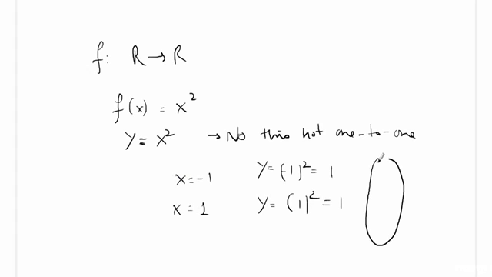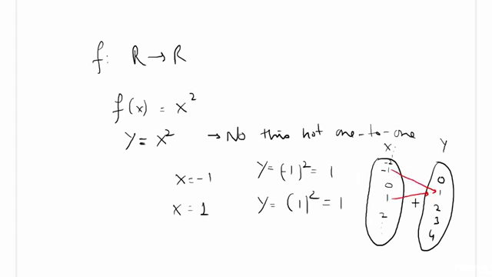Like if we draw it like this, x and y. If I write here -1, 0, 1, 2, or similarly -2 and so on, and here 0, 1, 2, 3, 4, clearly all y elements will only be positive, because the square of any number is always positive. But if I mark it here, I can see that -1 is also giving me 1 and 1 is also giving me 1.